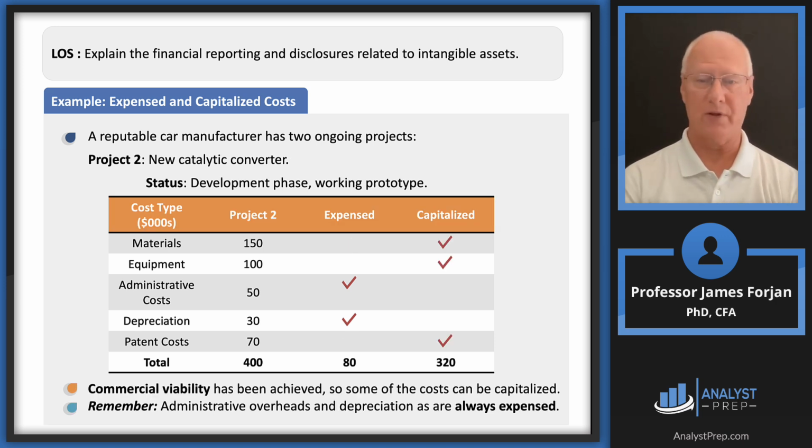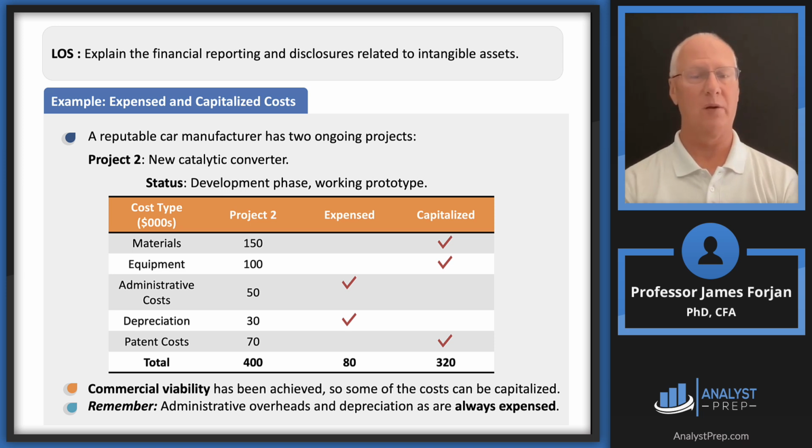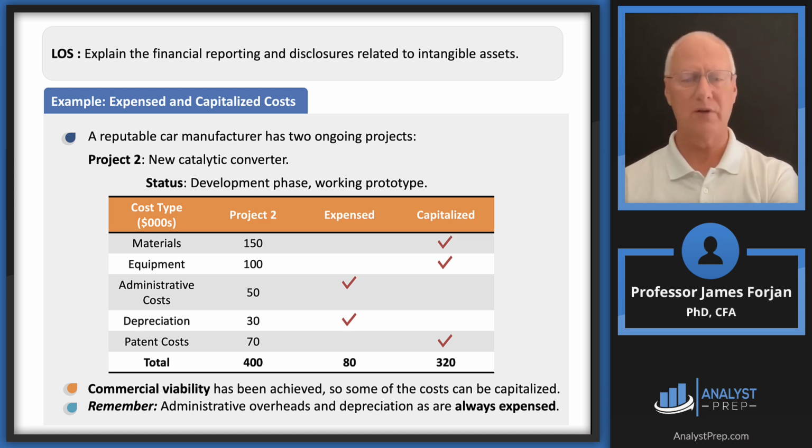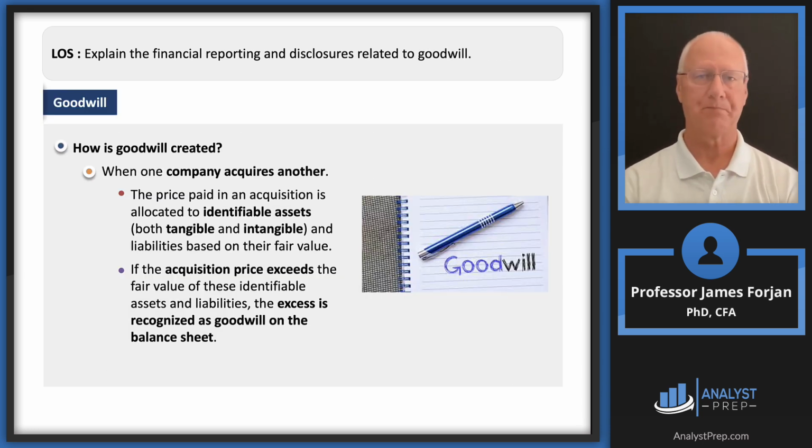Now, the second project, on the other hand, is in the development phase and it is a working prototype, but if we're using GAAP, all of these things have to be expensed. So there's no difference between project 1 and project 2. But for the international people, materials, equipment, and patent costs can be capitalized. Administration and depreciation are expensed there. Look at the bottom: administration overheads and depreciation are always expensed.